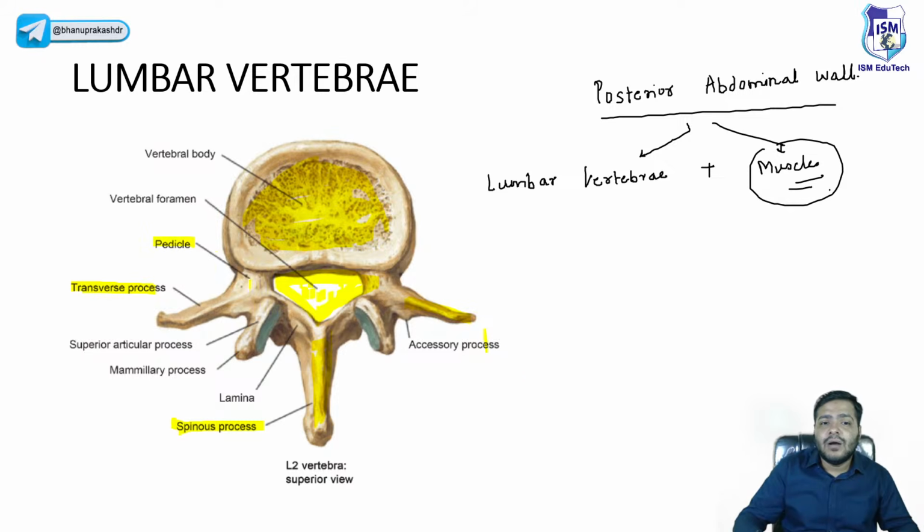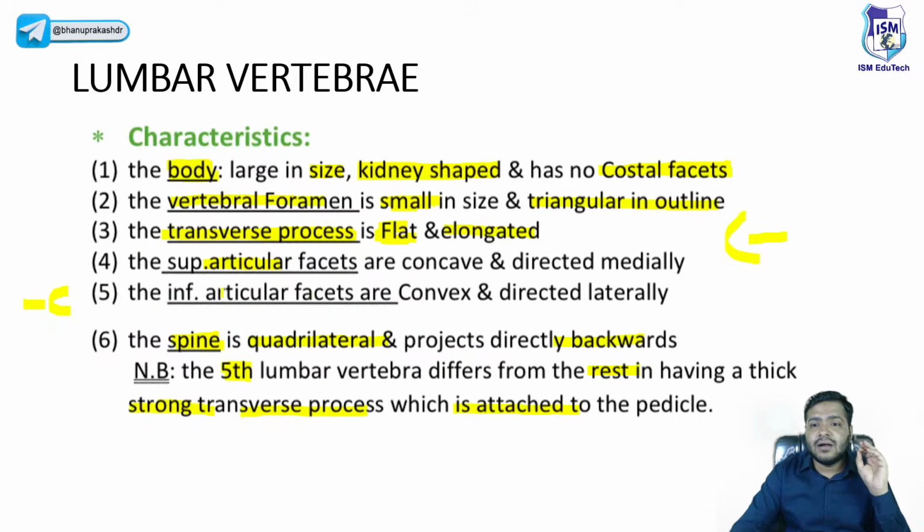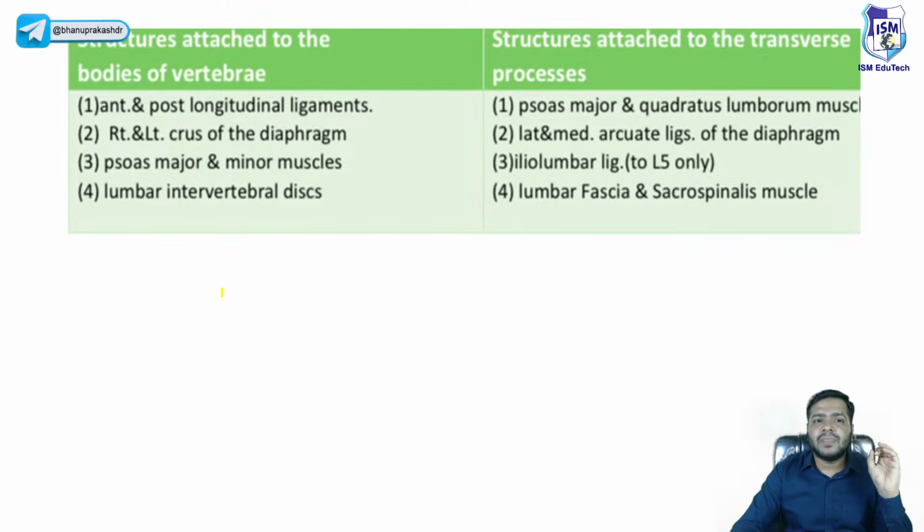In the rest of the vertebrae, like L1, L2, L3, L4, the transverse process is thin, elongated and flat, but the fifth one has a strong, thick transverse process. The structures attached to the bodies of the vertebra you don't have to remember in detail. I'll share the slide with you.